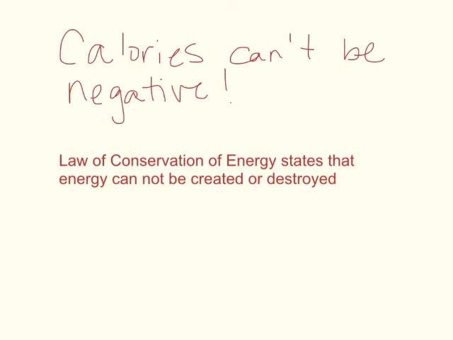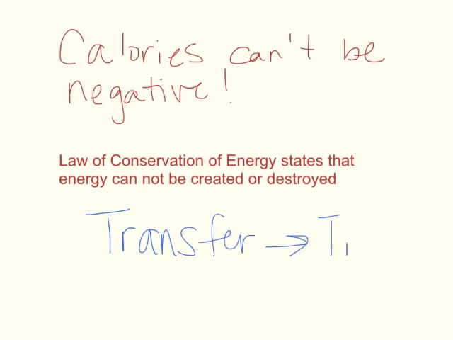Calories can't be negative, because if it was negative, then that would mean that energy was destroyed. And the law of conservation of energy states that energy cannot be created or destroyed. Energy, as we have been talking about when we think about heat energy transfers, is only transferred from one state to another.